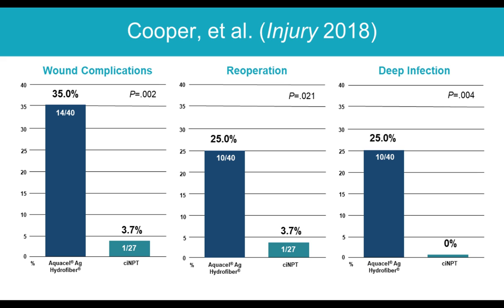You can see we had a 25% rate of reoperation and deep infection, and when we switched to these negative pressure dressings, that rate effectively went to 0. I wish I could say, years later that it's still 0, and it's not still 0, but it's certainly a lot lower than 25%.